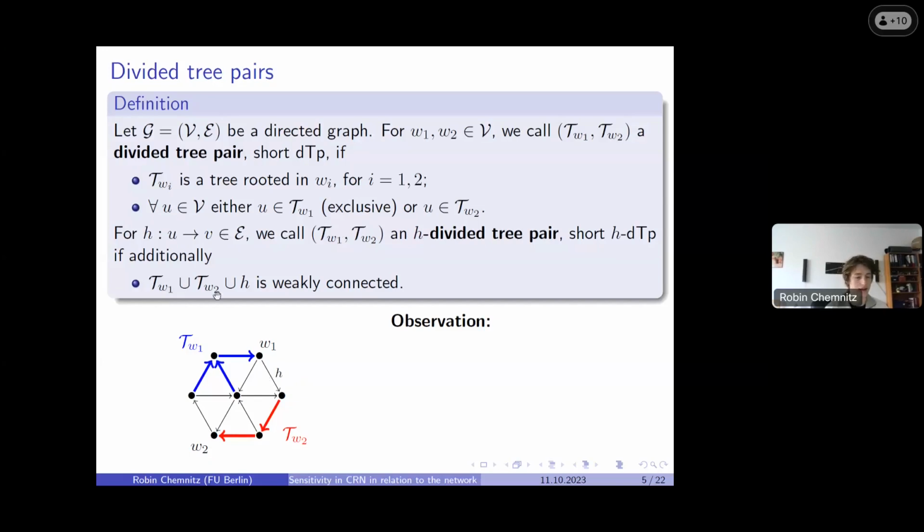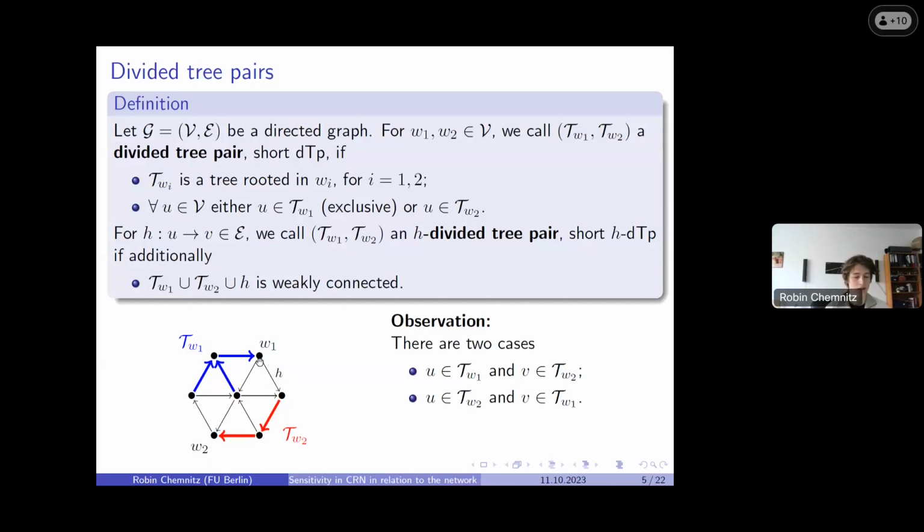So I write this as TW1 and TW2 and the edge H is weakly connected, so it forms an entire connected graph. And the observation that we can make is that when we have an H divided tree pair, there are two cases. U and V are the two nodes of H. So H is the edge from U to V.